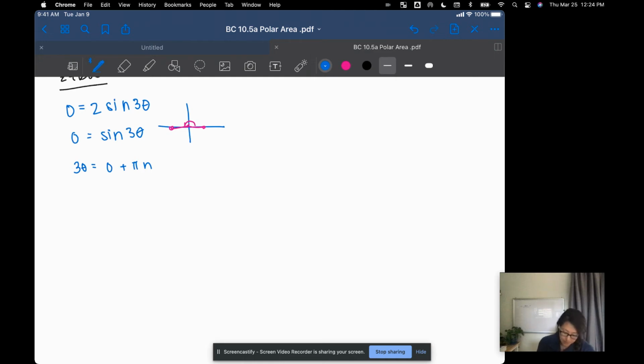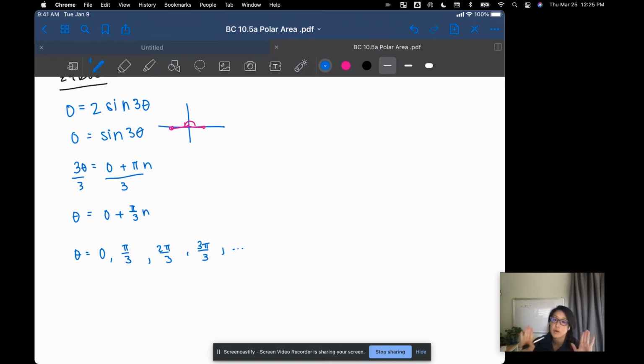Okay, so I get 3 theta is equal to 0 plus pi n. Divide by 3. I get theta is equal to 0 plus pi over 3 n. So I'm just going to make a list of my zeros, which are 0, pi over 3, 2 pi over 3, 3 pi over 3, and then after that, since there's 3 petals, we really have 3 zeros.